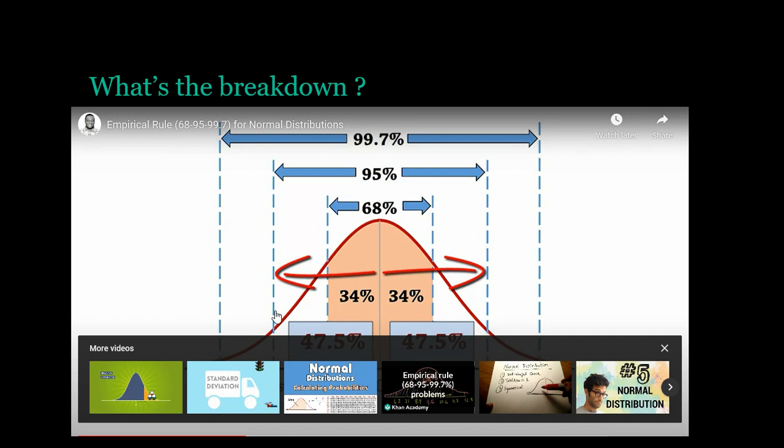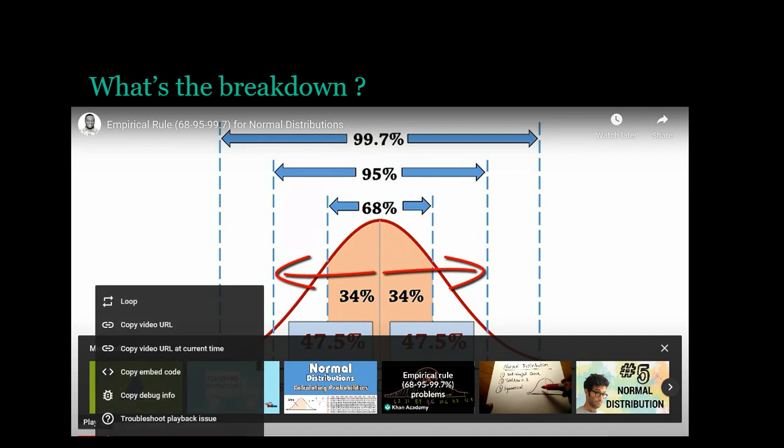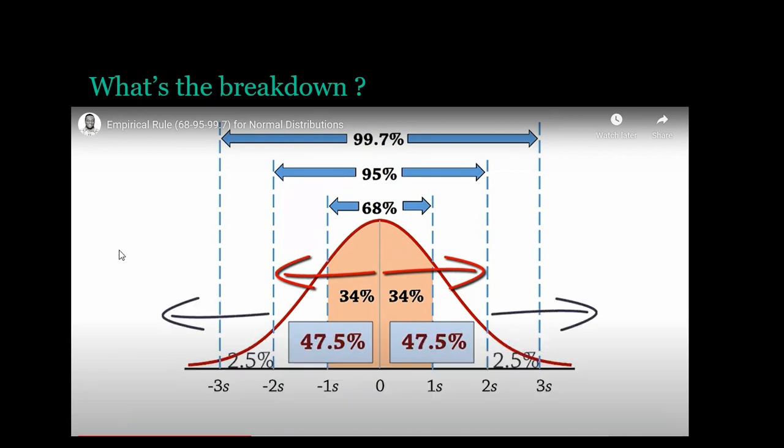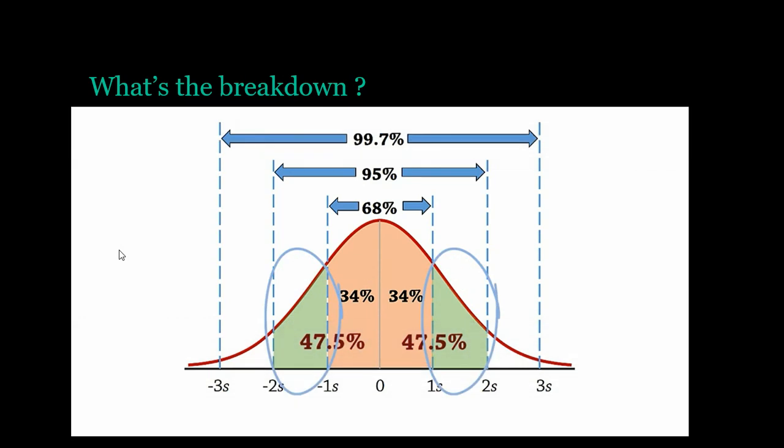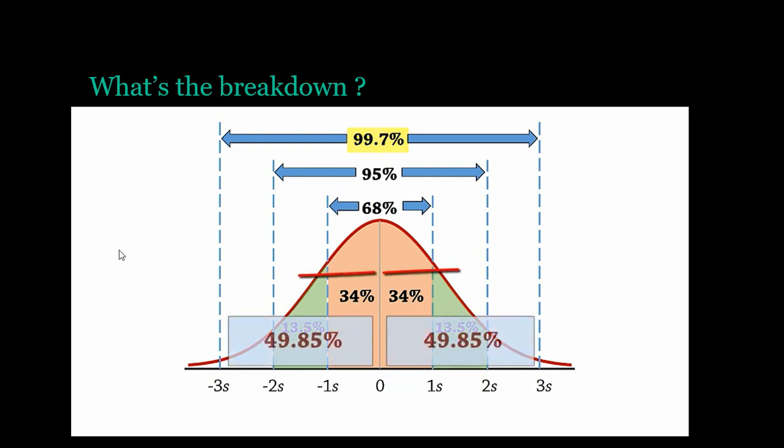From the mean all the way to the second standard deviation is 47.5, but this chunk is a separate percentage, on each side.